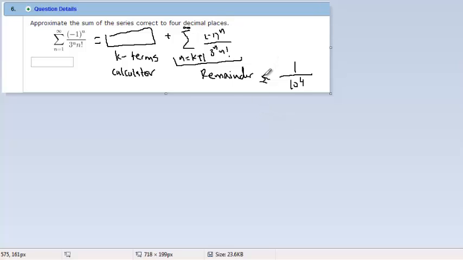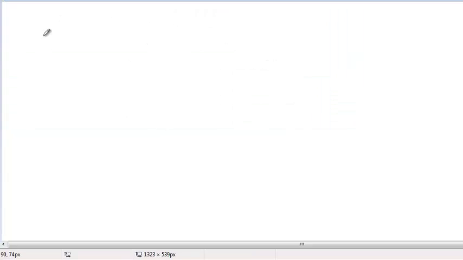That's our goal. I want to keep the error of this remainder less than this value. Here we have an alternating series, and we know how to estimate alternating series. So let's remember that. Let me write down the remainder one more time.